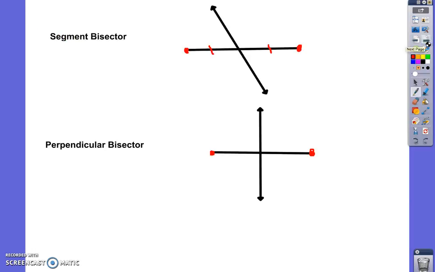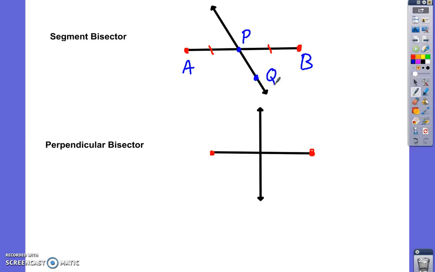So up to this point, we've talked about two different types of bisectors. First of all, we had some segment bisectors. If we look at segment AB here, if we bisect it, that means that point P here is the midpoint, okay? So let's give it another point here.